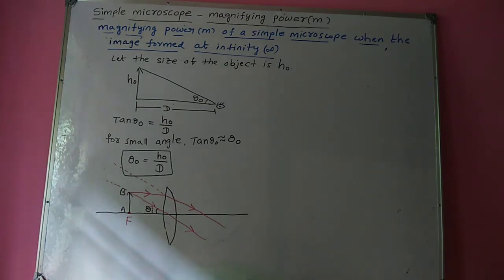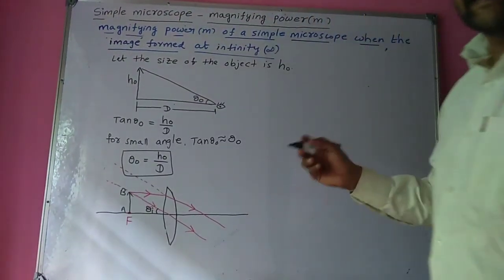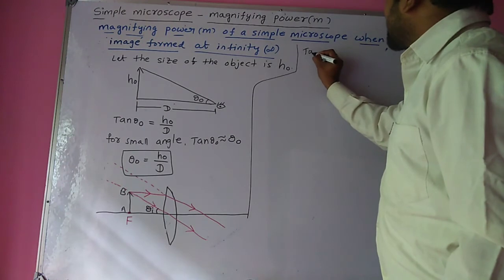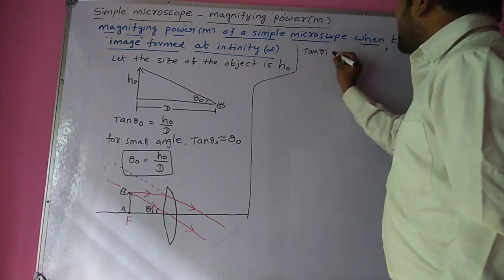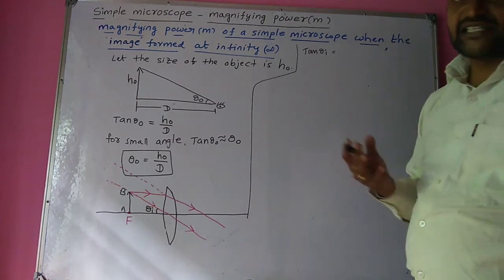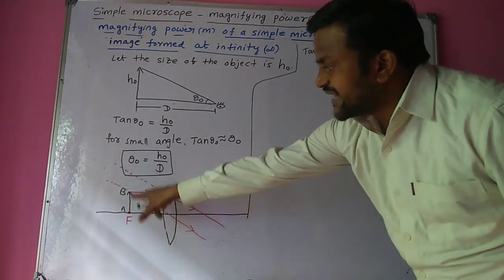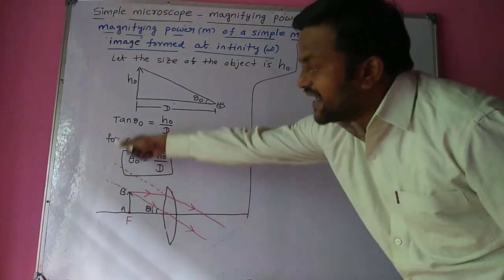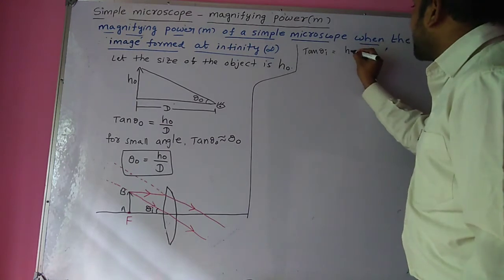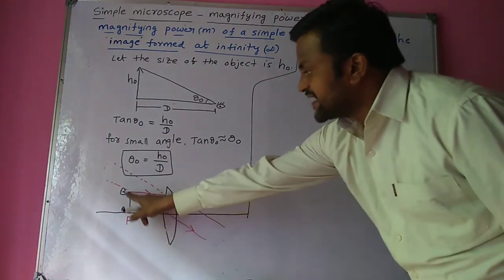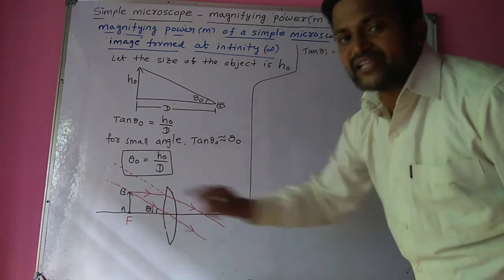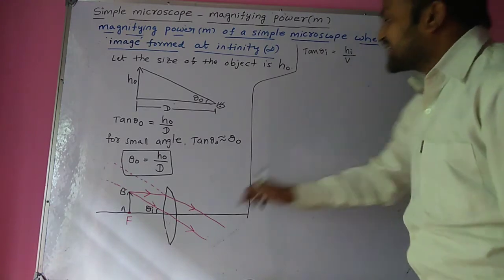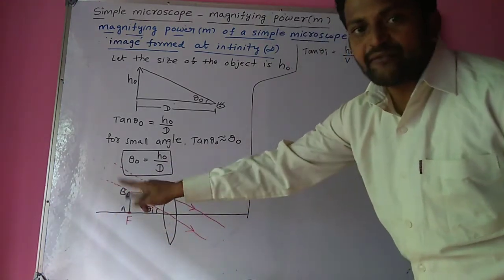Now for this figure, let us take tan theta I. Tan theta formula is opposite side by adjacent side. For this theta I, the angle made by the image, the opposite side will be the height of the image, that means HI. You should not take HO, because theta I is the angle made by the image. So it is HI by the image distance, which we will consider as V for the time being; it is actually infinity, we will take it later.